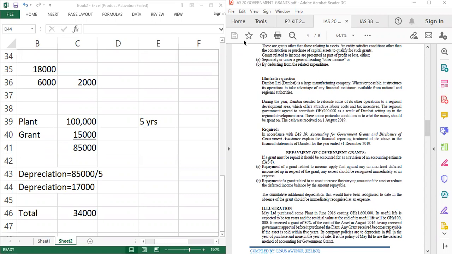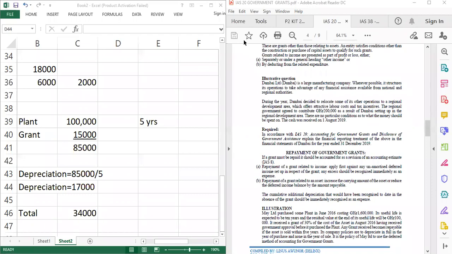But if they give the grant to you because you are able to employ 5,000 employees and you have recognized the grant, and the government has done audits and they realize that no, you are not able to employ 5,000 employees over the years, then you have deceived them, so you have to pay the money back to them. So anything that will make the entity not go according to the conditions attached to the grants will make the grant repayable.